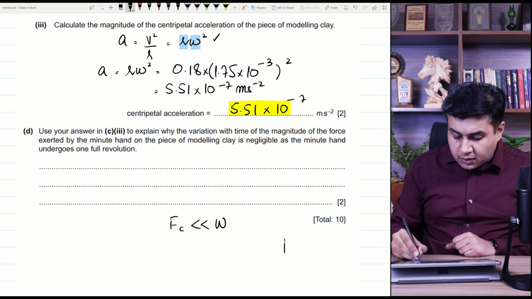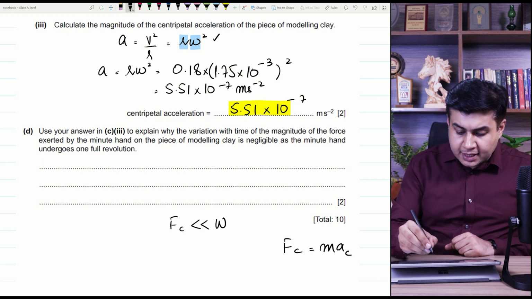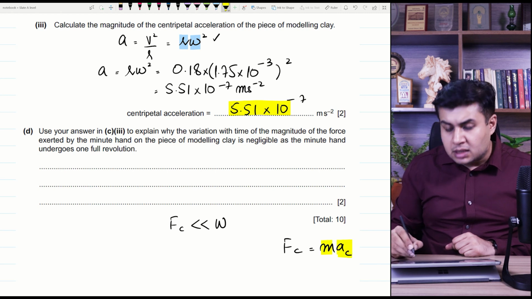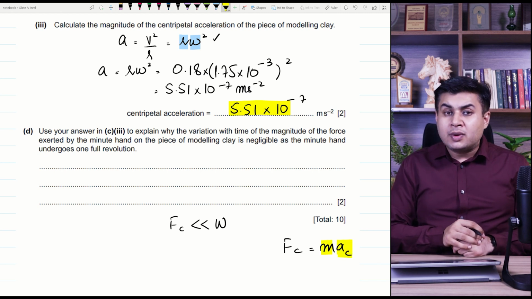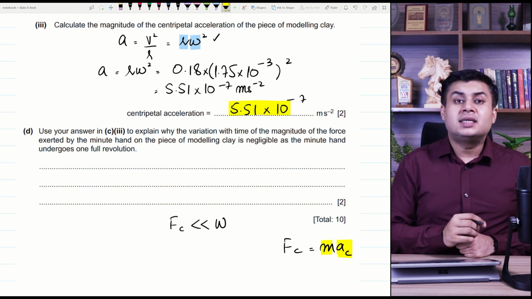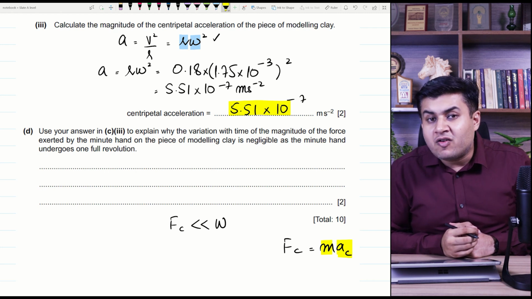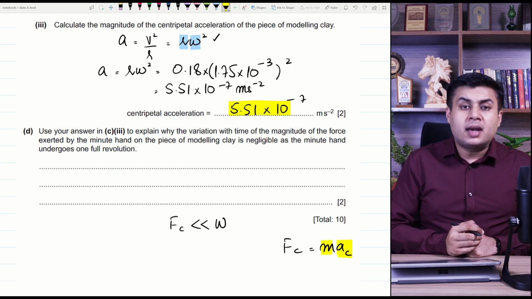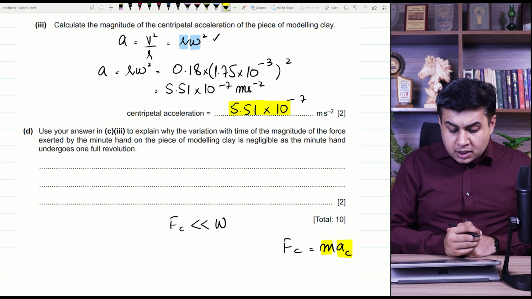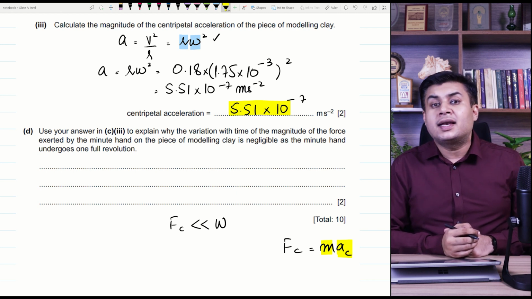Why? Centripetal force is equal to m times centripetal acceleration. ठीक है, mass बहुत कम है, इस वजह से centripetal acceleration भी बहुत कम होगी. That's why the force exerted is very small because this resultant force is much smaller than the weight of modeling clay, right? So you will write that the resultant force is very small. That's why the magnitude of force exerted by the minute hand on the piece of modeling clay will be negligible.